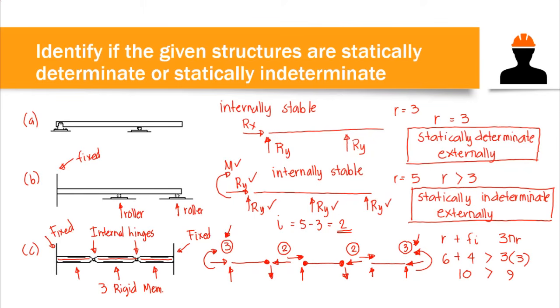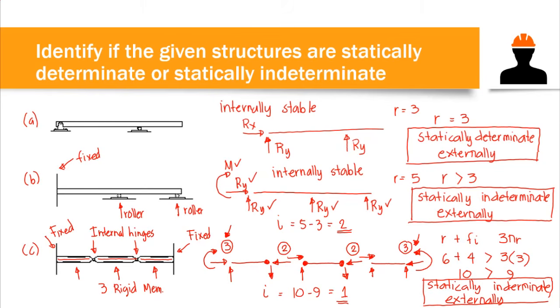So that means we have a statically indeterminate structure externally. And the degree of indeterminacy is 10 minus 9, which is equal to 1. So our structure is indeterminate to the first degree.